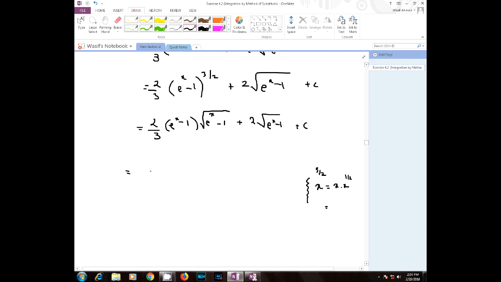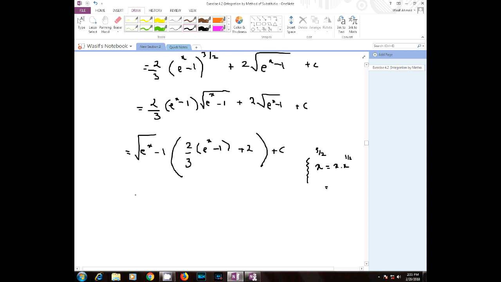First you have to take out the square root e raised to the power x minus 1 as common. You're left with 2 divided by 3 e raised to the power x minus 1 plus 2, plus the constant of integration.